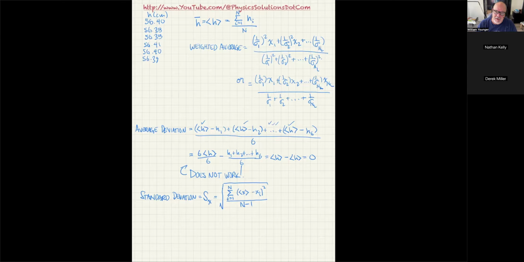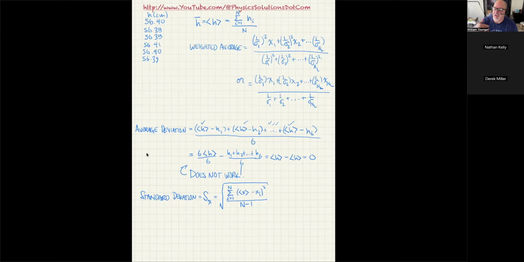The standard deviation allows you to figure out how many trials fall within one standard deviation, and it's supposed to be 68.1% of them. How many trials fall within two standard deviations, that's supposed to be about 95.4%. And how many fall within three standard deviations, that's supposed to be 99.8%. But that again is the number of trials. It's not the number of actual results.